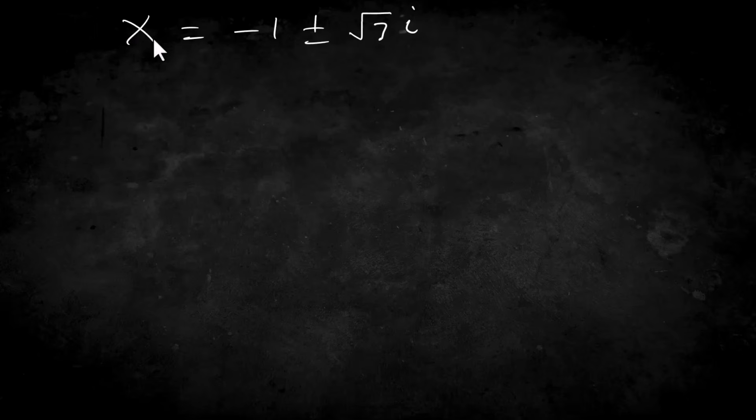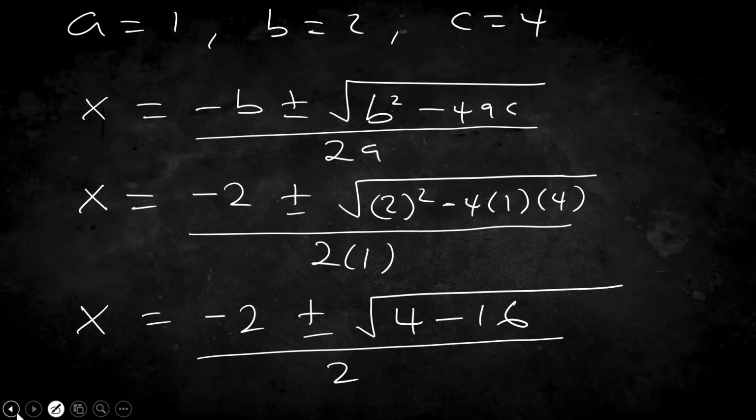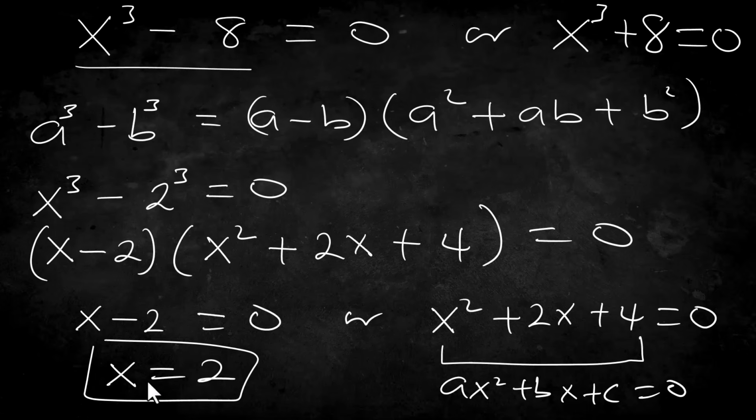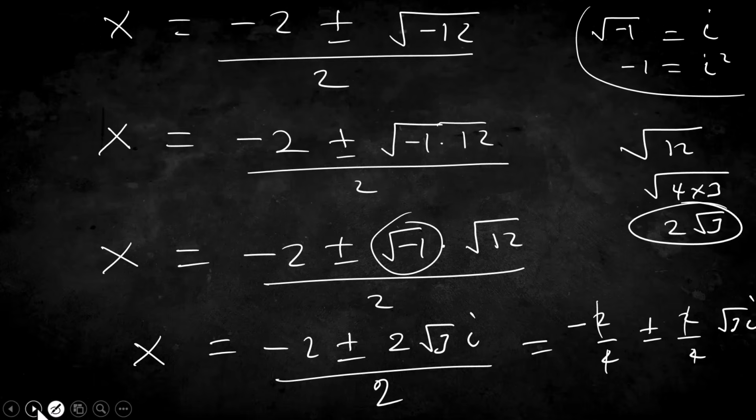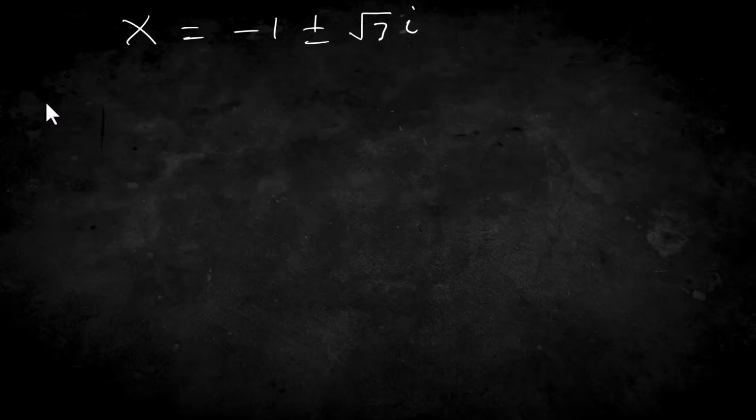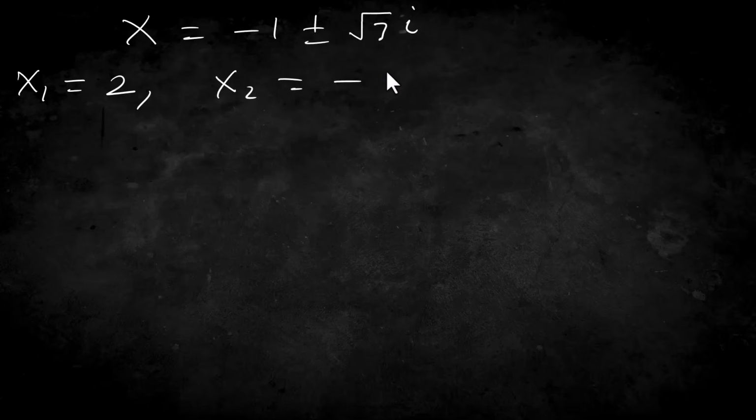So let's look at the solutions. x1 is 2. x2 is minus 1 plus root 3 i. x3 will be minus 1 minus root 3 i.